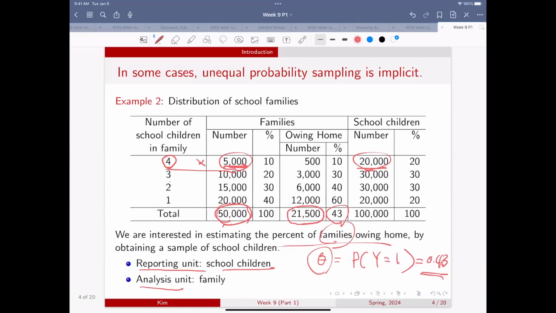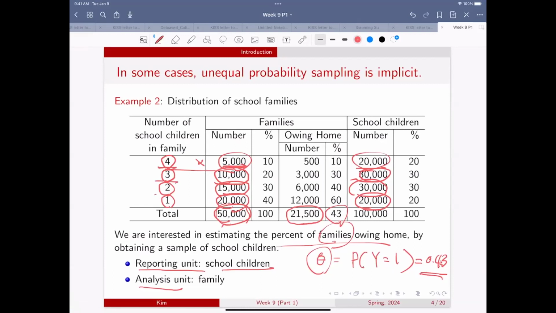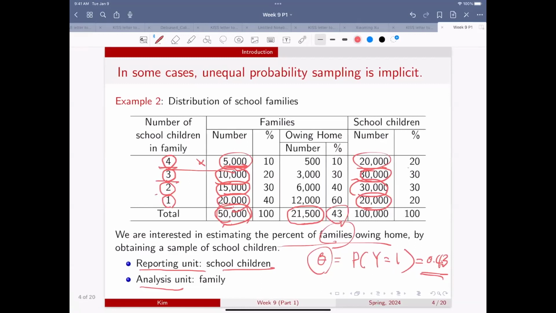And here you have 3 times 10,000 to get 30,000, and 2 times 15,000 to get 30,000, 1 times 20,000 to get 20,000. And in each group, we have the same percent.